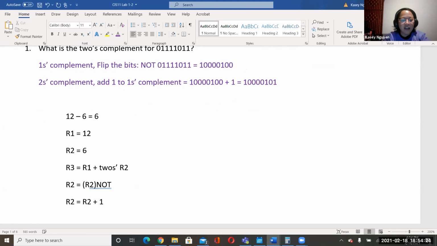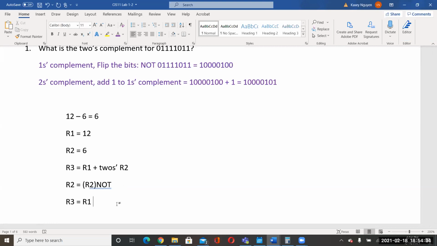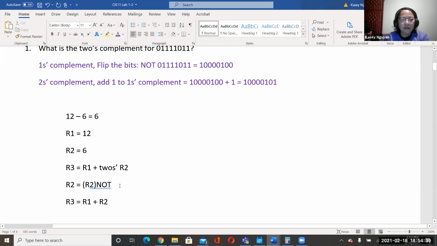And then you're not done. Then you're going to have R3. R3 is equal to R1 plus R2. Why is that? Because at this point, it's already negative right here.